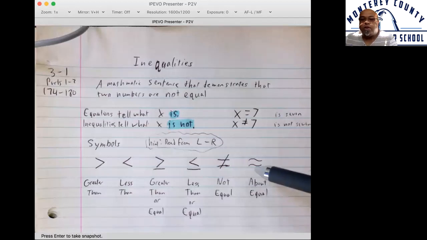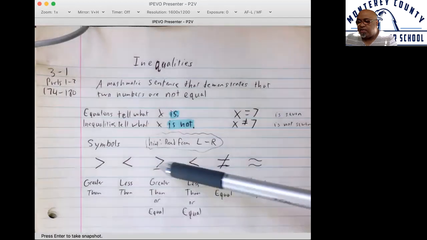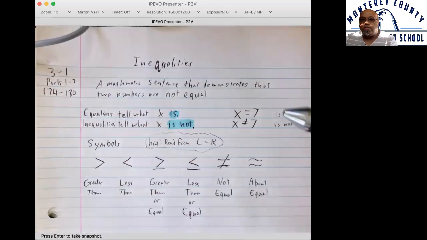Now, the other ones do not imply estimation. Okay, this is simply saying two things are not equal to each other. And these different variations of less than or greater than just basically tell you that something is either smaller or larger, or that there is some variance that it could be smaller or equal to, larger or equal to.